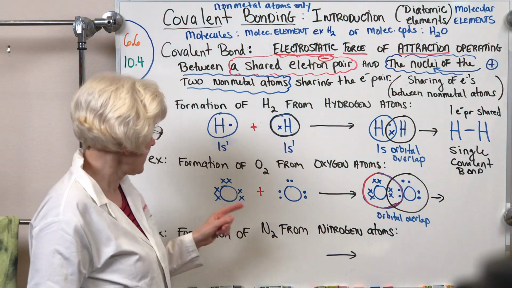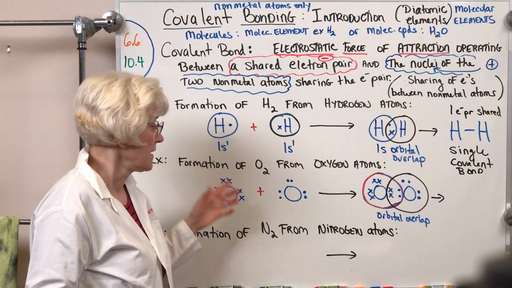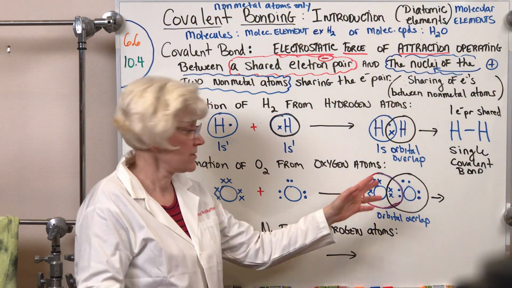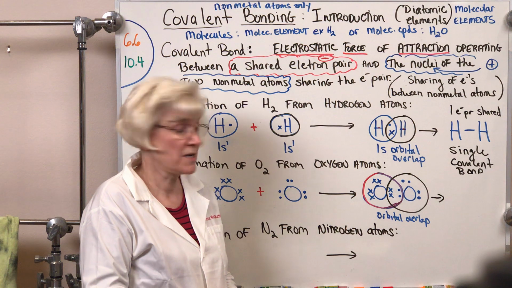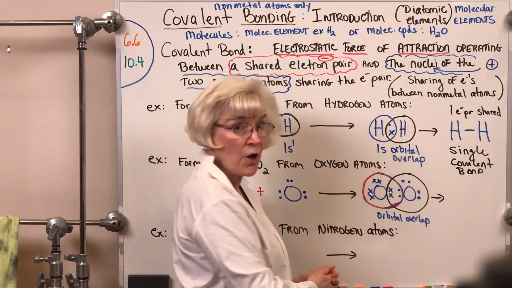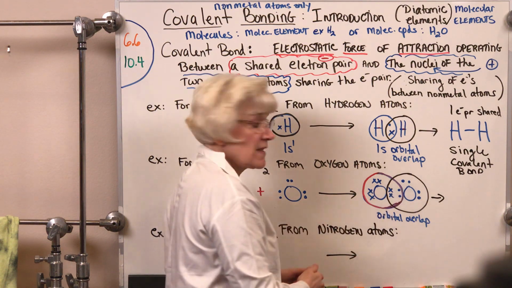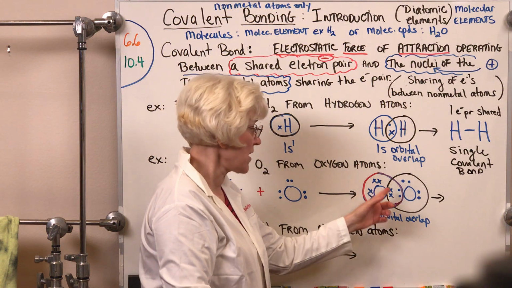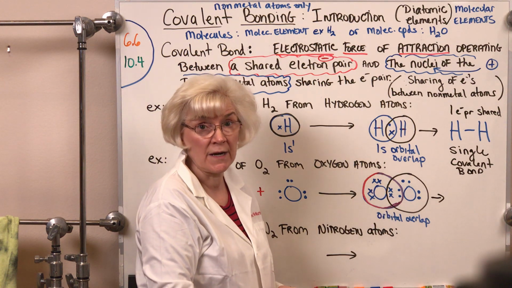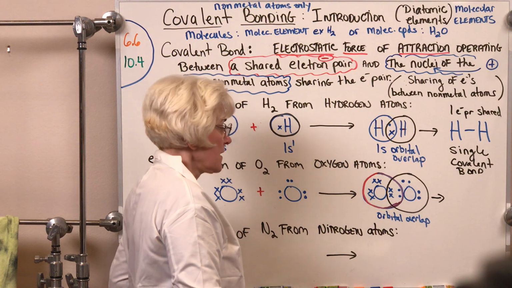So we're picking up with a discussion of how individual oxygen atoms covalently bond together to form a diatomic oxygen molecule. We talked about how orbital overlap occurs, but in order to achieve the octet rule, we're not sharing just one electron pair between two oxygen atoms, we're sharing two.